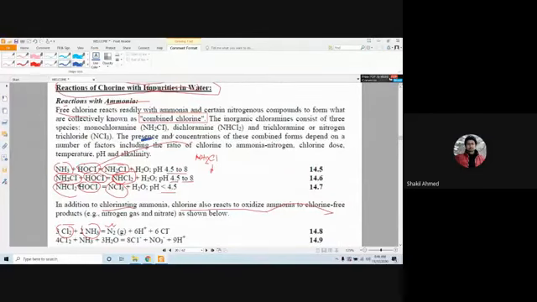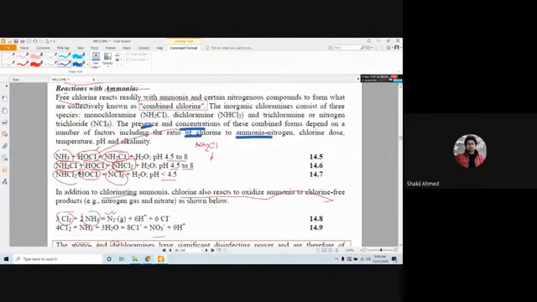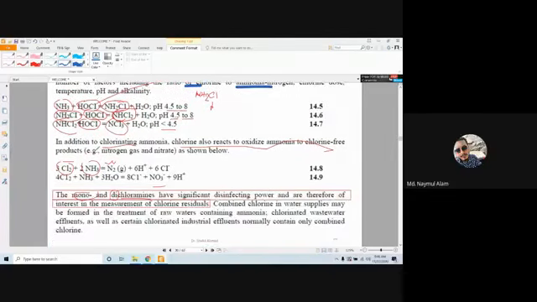Now the presence and the concentration of these combined forms depends on a number of factors, including the ratio of chlorine to ammonia nitrogen, chlorine dose, temperature, pH, and alkalinity. Okay.